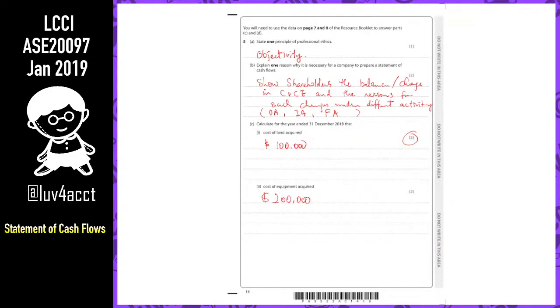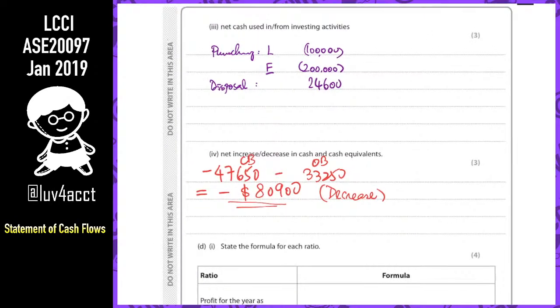That's why it also goes in here. So 5,000. That would give you negative 300,000, plus 24,600 plus 5,000. That would give you 270,400 negative. Net cash used in investing activities.